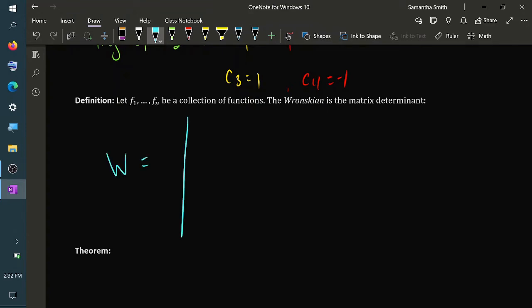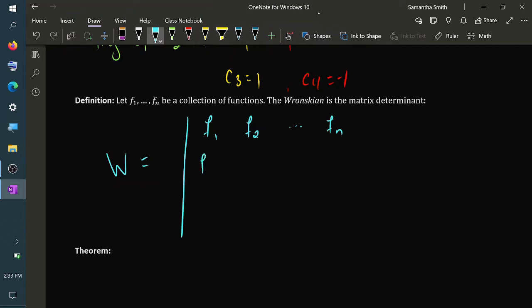So the Wronskian is a determinant of an n by n matrix. If you have n functions, then your matrix is going to have n columns and n rows. So if you have 4 functions, your matrix will have 4 columns and 4 rows. The first row is going to be filled up with the original functions, f1 through fn.